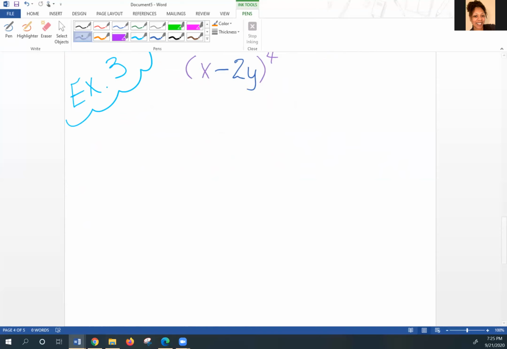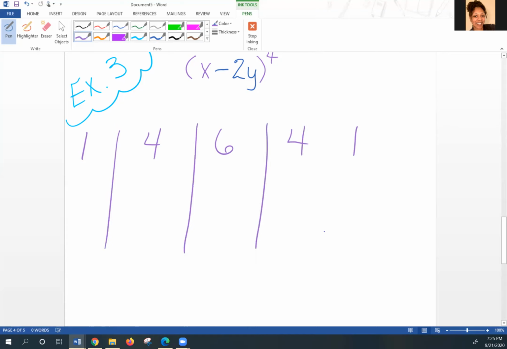All right, so I'm going to set up my table with those coefficients. Again, it's 1, 4, 6, 4, and 1. And like I said, try to leave some space in between those numbers, so you'll have some space to write.